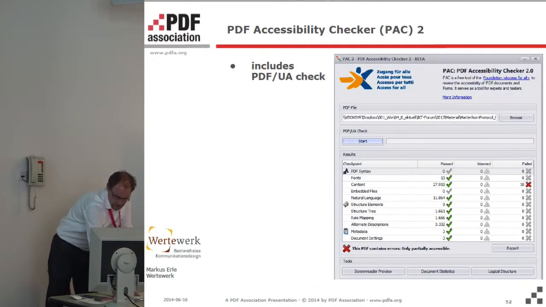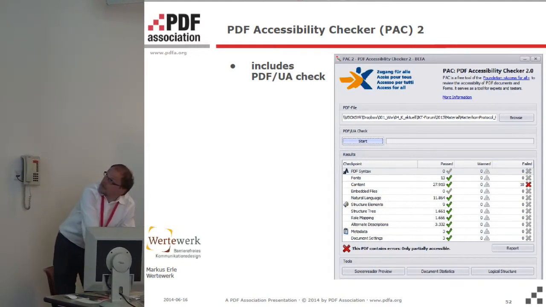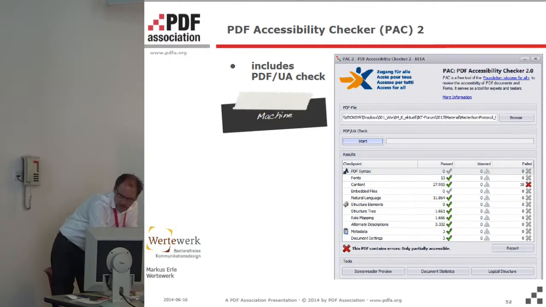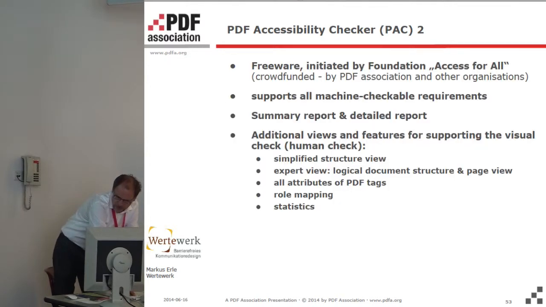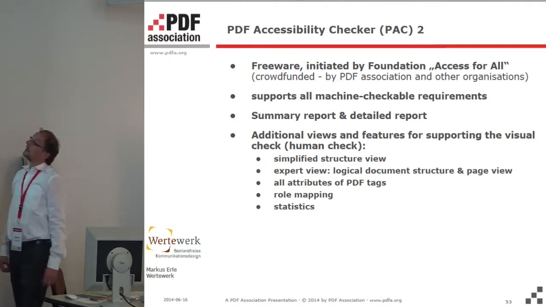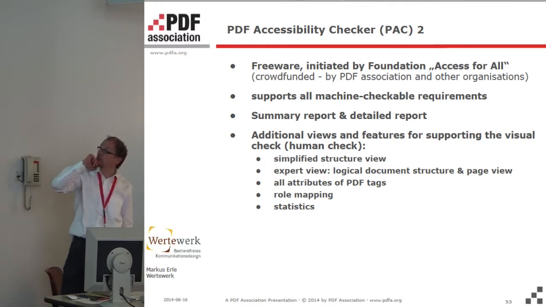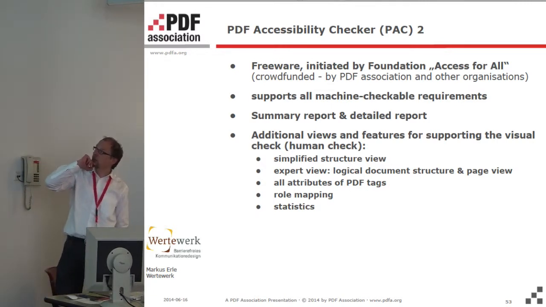How to check? There is a freeware called PDF Accessibility Checker. It includes a PDF UA check, all machine checkable checkpoints from the Matterhorn protocol. And so here, machine check. It's a freeware. It has some additional features like a summary report and a detailed report, and additional views.